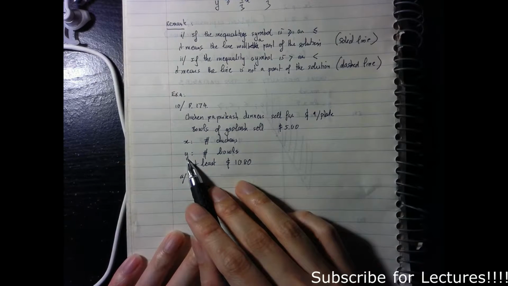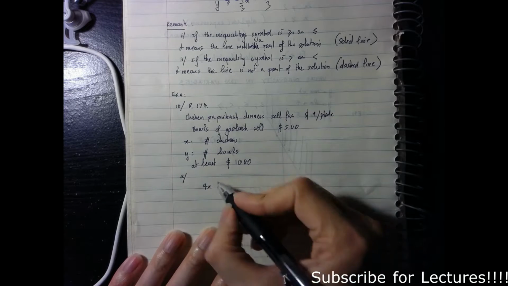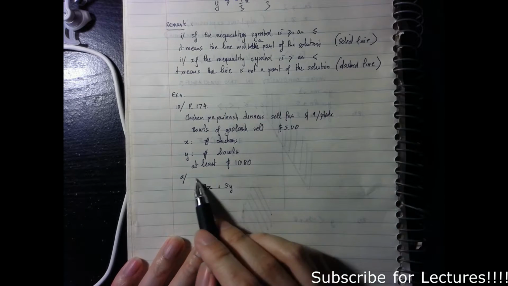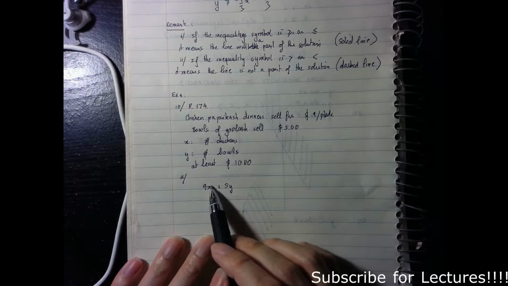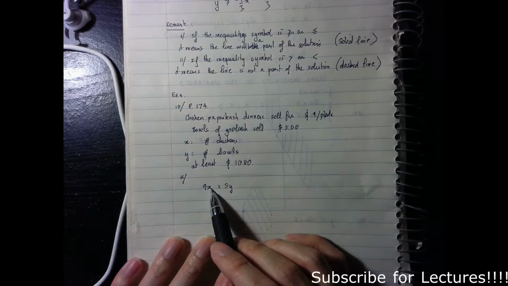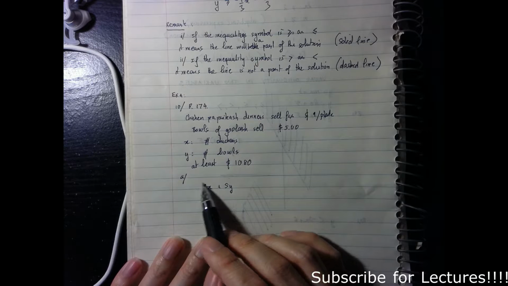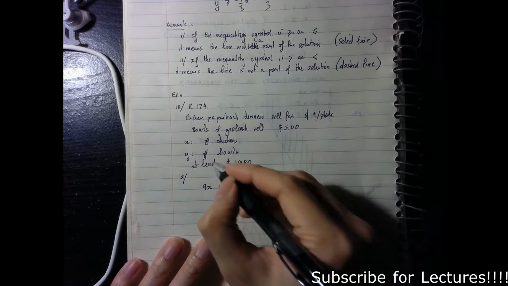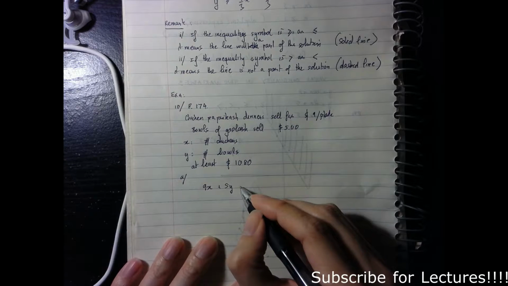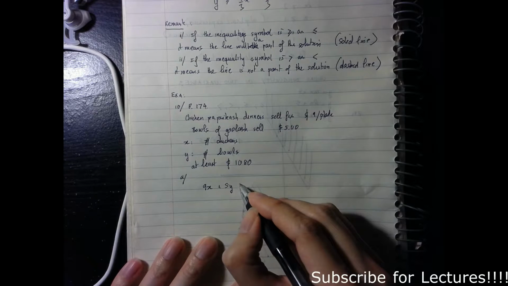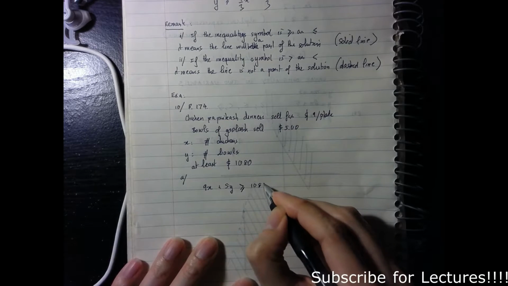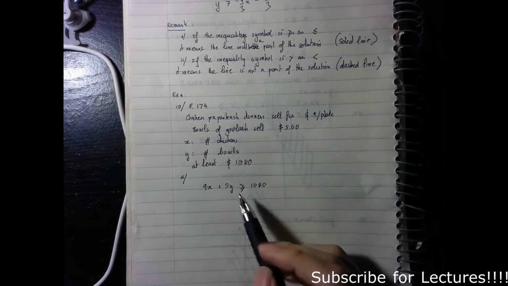And we want at least this amount of money for the chicken dinners, and this amount of money for the bowls of goulash. And all of this must be at least, so it means greater than or equal to $1,080. Because at least means it must be greater than or equal to. So that is part A.